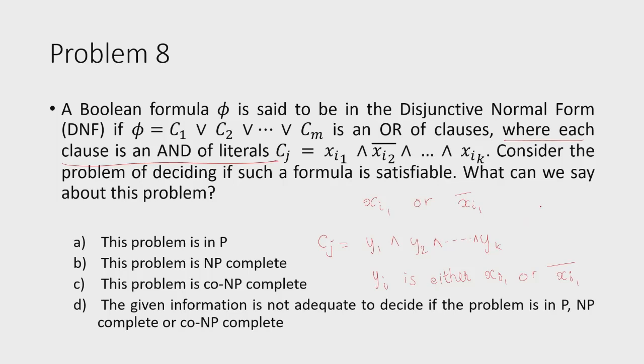So that is exactly what I've written over here: yi is either xi or xi complement. So Cj looks something like this, though not necessarily in this form. You are right, xi2 can appear as xi2, but something can also appear as a complement. So basically, each and every element of Cj is either a variable or its complement. That is fine.